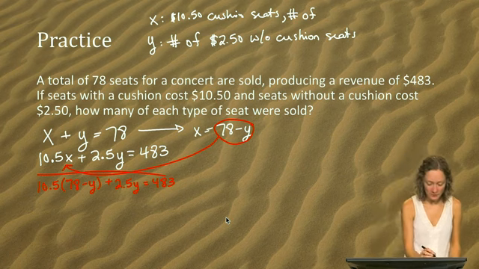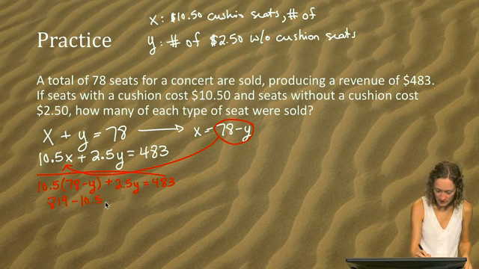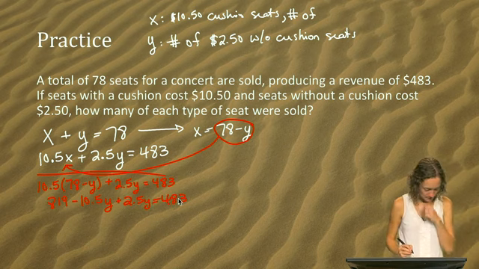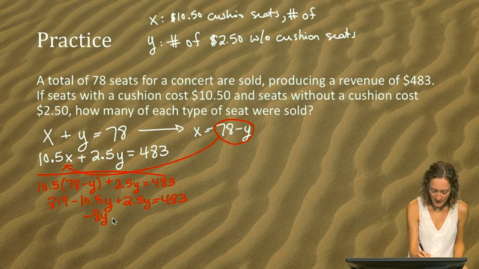All right, continue solving. Distribute the 10.5. That gives us 819 minus 10.5y plus 2.5y equals 483. Combine like terms. The negative 10.5 plus 2.5 gives us negative 8y.